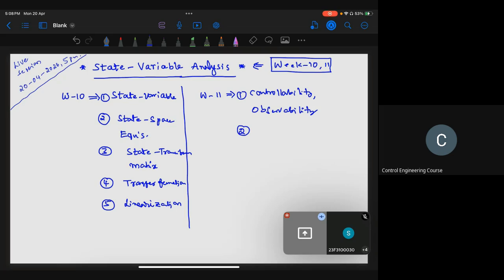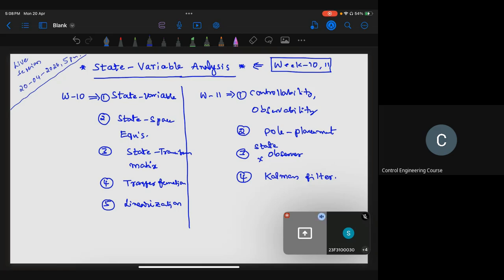Then we'll have something called the pole placement technique, then observer design, or you can say state observers. Finally, we'll have Kalman filtering also. These are the topics of week 10 and week 11.